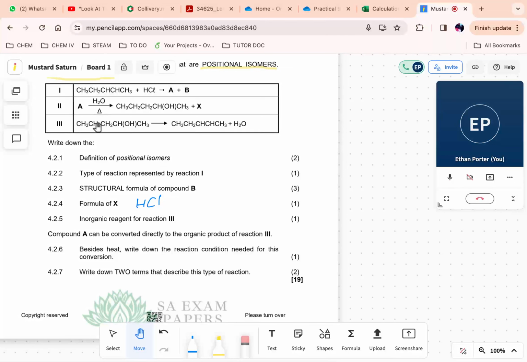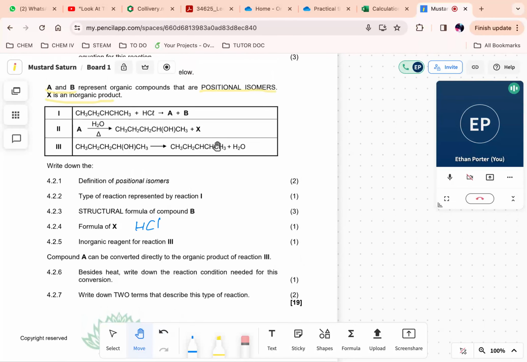And we're going to basically regenerate our alkene plus water. So the question is saying the inorganic reagent for reaction 3. So what reagent can regenerate our alkene and the water? Unfortunately, you just gotta know this.